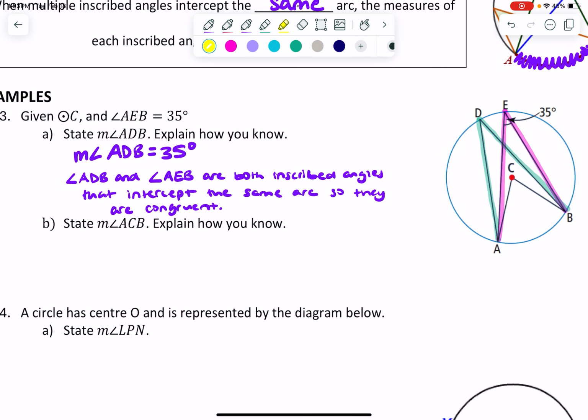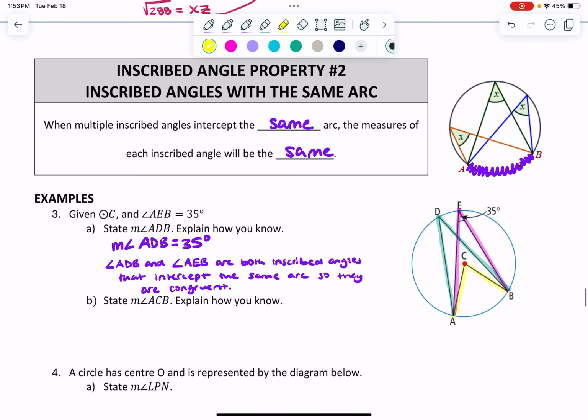Next, I want to state the measure of angle ACB. And in my diagram, I'm noticing ACB is a central angle, but also intercepts the same arc. So I know I'm not going to be talking about property 2 here, because property 2 only relates inscribed angles with other inscribed angles.